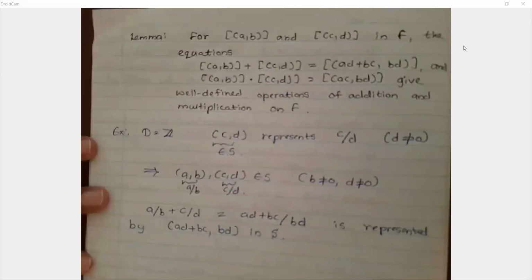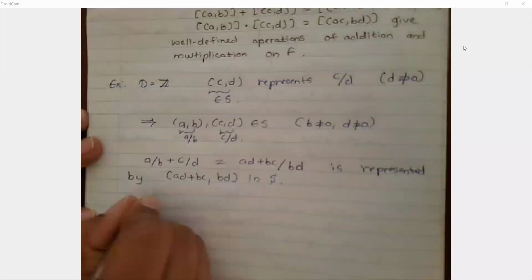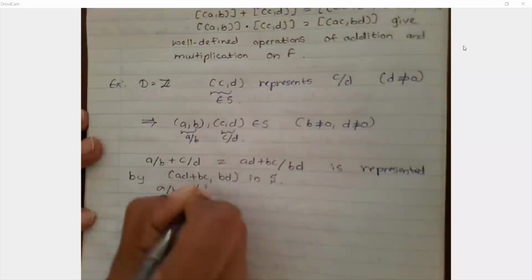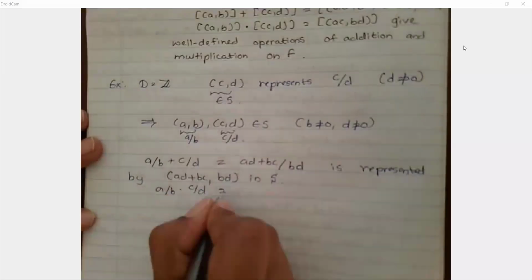If you go to multiplication, you have A over B times C over D to equal AC over BD.